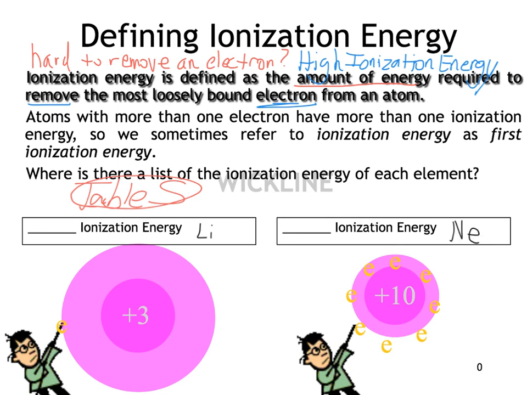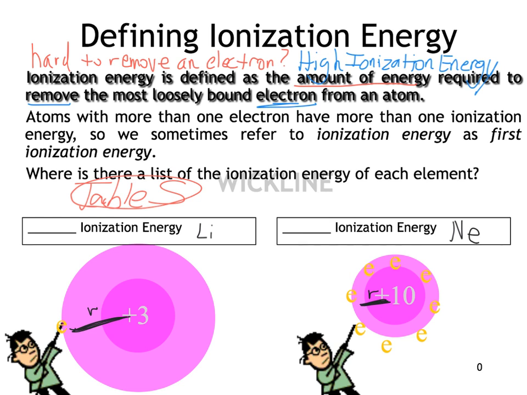So when we're deciding which of them has the higher ionization energy, there are two things I think that matter a great deal. Firstly, in the lithium atom, if you look at its electron, it is quite a long distance away, we'll call that R for radius, from its nucleus. And if you look at neon, these electrons are a shorter distance R away from the nucleus.